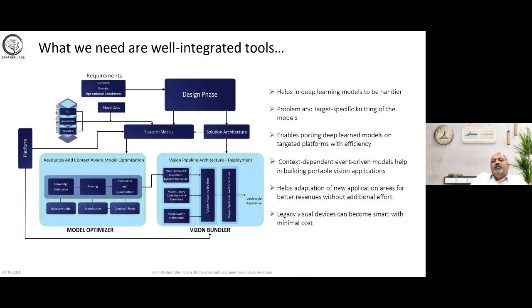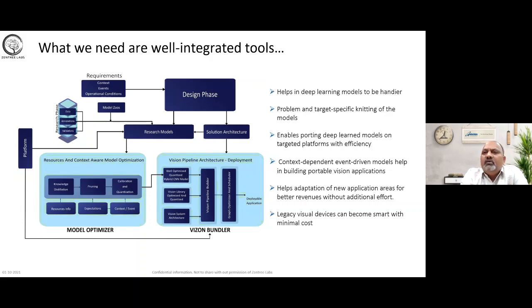So moving forward, if we want to build such sensible systems, what we need are well integrated tools. As of now, the general tendency is that once we identify some requirement, we go and browse on the system level.